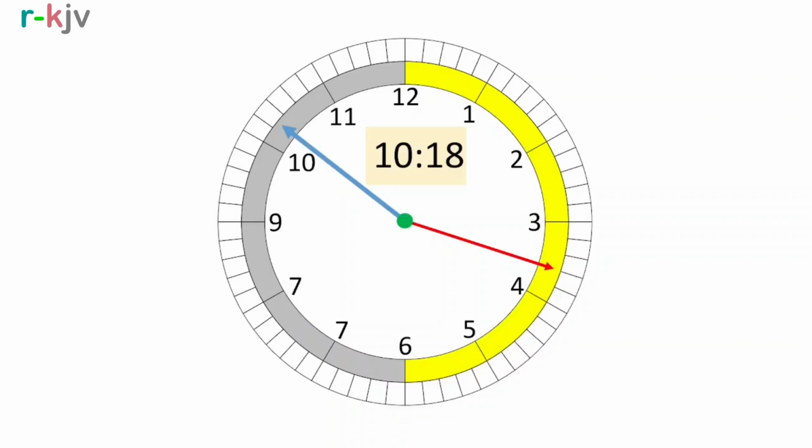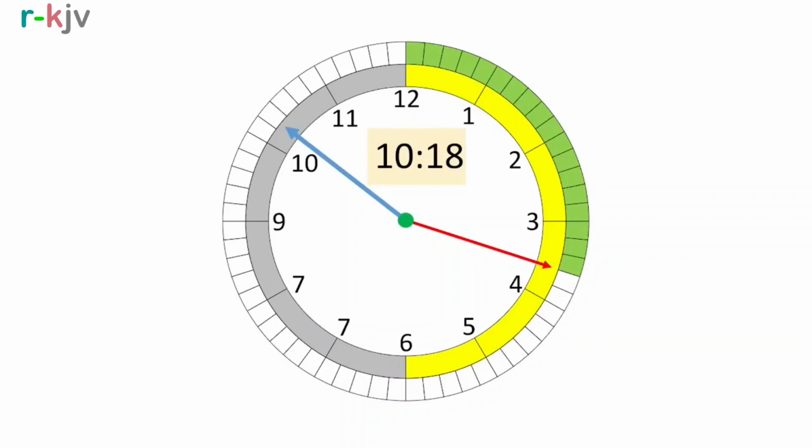When it is on the gray side, the word to is ahead in time telling. Counting of both minutes and hours starts from the 12-hour mark. On this diagram, it shows that the minute hand has moved 18 divisions from the 12-hour mark, and that the hour hand has just moved past the hour of 10. The time is therefore 18 minutes past 10.